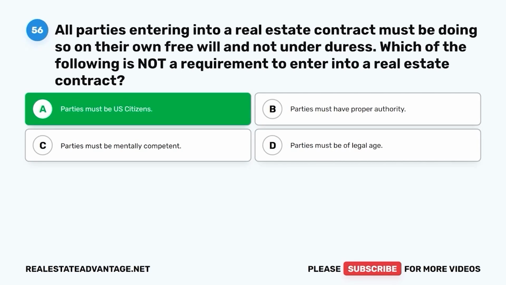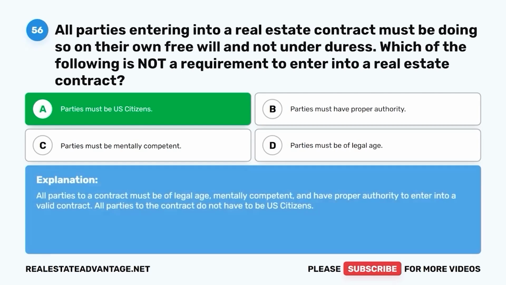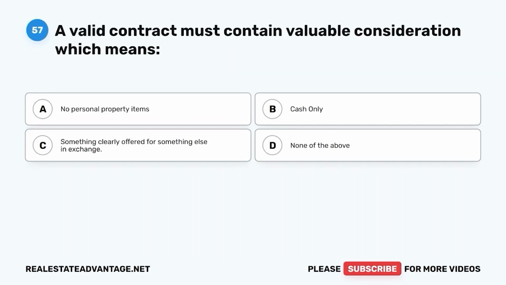The correct answer is A, parties must be U.S. citizens. All parties to a contract must be of legal age, mentally competent, and have proper authority to enter into a valid contract. All parties to the contract do not have to be U.S. citizens.